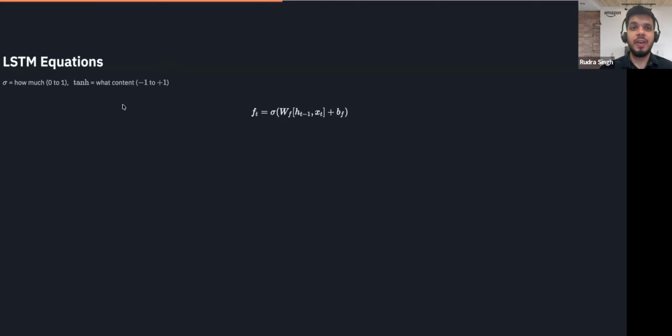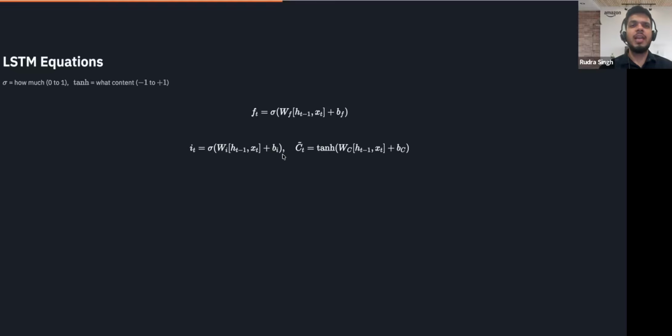The first equation, the forget gate: f_t equals sigma applied to the previous hidden state and the current input stacked together, times a weight matrix, plus bias. The sigma squashes the result to something between 0 and 1, and that value decides what fraction of old memory survives. The input gate and the candidate look structurally identical, same formula, just different weight matrices.